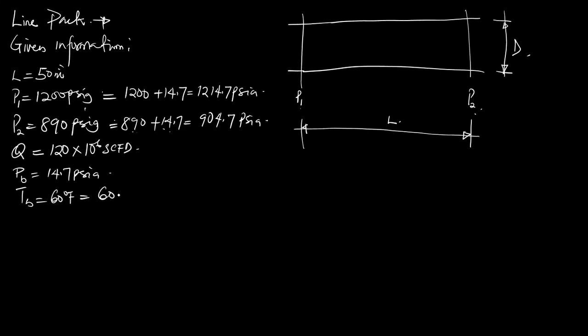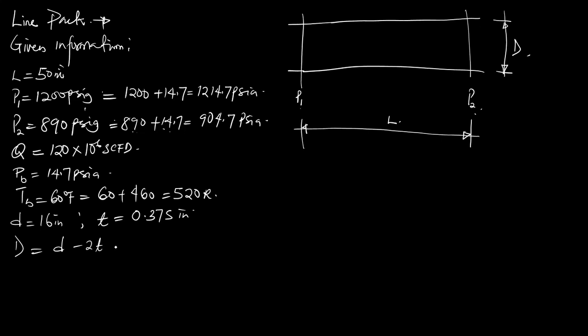Now, converting the 60 Fahrenheit to Rankine, we have 520 Rankine. Now the nominal pipe size is 16 inches. The wall thickness of the pipe is 0.375 inches. Now the internal diameter D of the pipe will be the nominal pipe size minus 2 times the wall thickness.